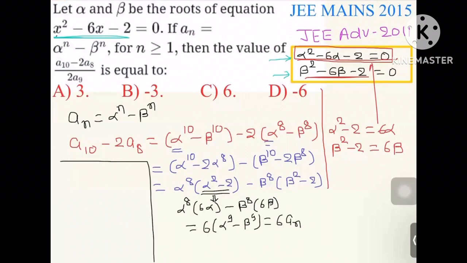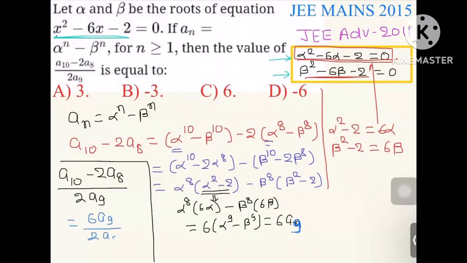Look at the question: a10 minus twice of a8 by twice of a9. The numerator we have solved, and we have got the value of the numerator as 6a9. So 6a9 by twice of a9 is equal to 3. So the correct answer is option A, and that is 3.